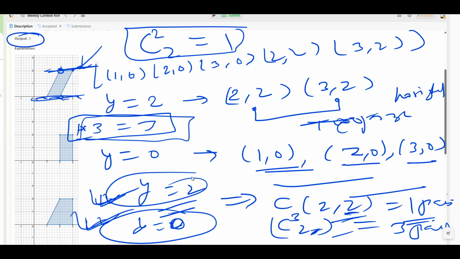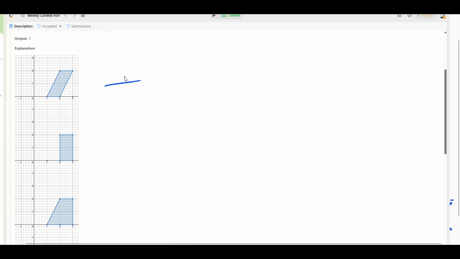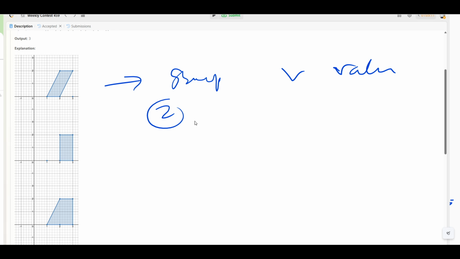So let's understand what we should do here. Very first, group the points by the y value. Then for each value, compute how many pairs of points we can form on that line. If you remember the combination, nC2, that comes out as n into n minus 1 by 2.